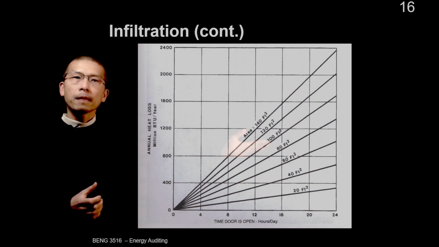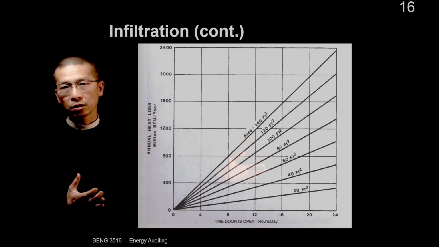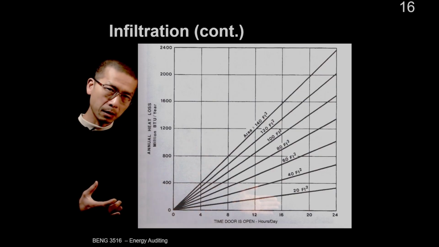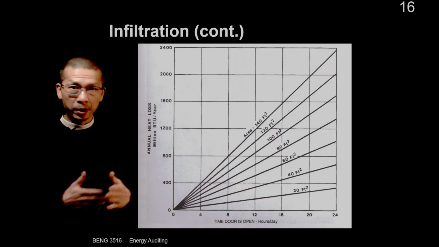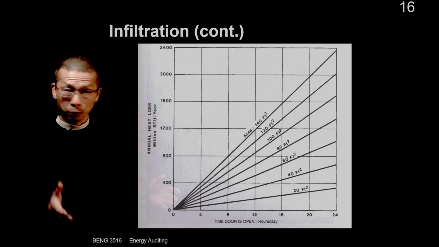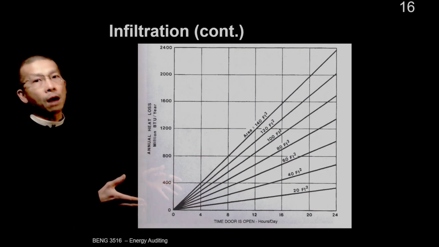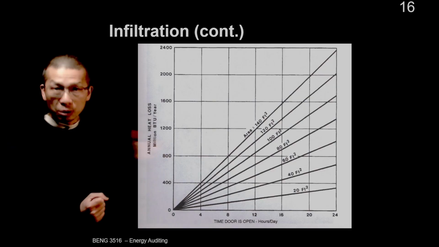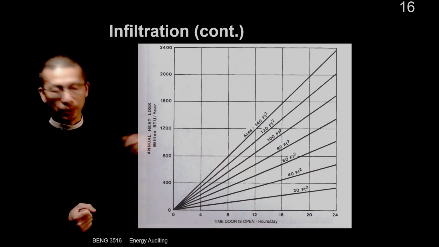So the heat loss due to infiltration depends on how often the door is opened and closed. When you walk into an office building and open a door, sometimes you will see a draft rushing into the building.